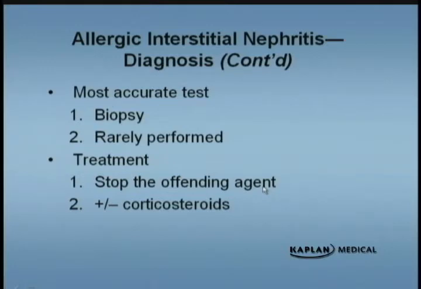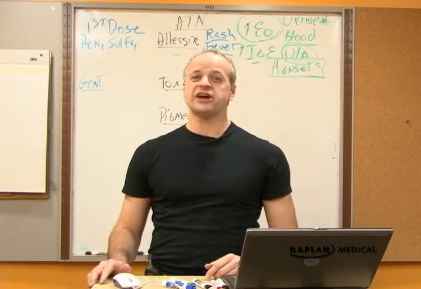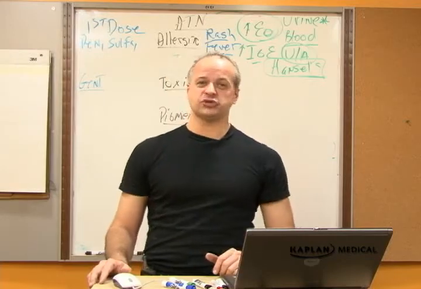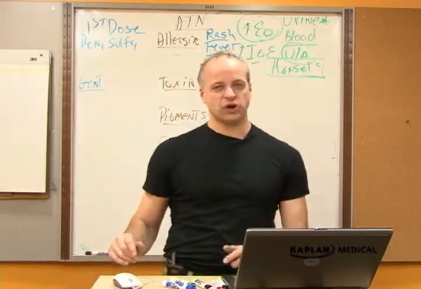If the kidney failure continues to progress, you may use steroids. But the question has to say you stopped the drug and the BUN and creatinine continued to rise. Dialysis is coming soon. So if your BUN and creatinine are still rising after you stop the drug, you may try a trial of steroids.